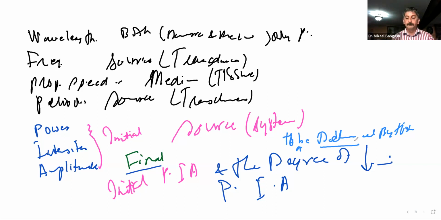Okay, girls. So here the answer is system or source, mainly because they ask about the initial intensity, power, or amplitude. Whereas had it been final, then it would have been the initial power, initial intensity, and initial amplitude, and also the tissue.